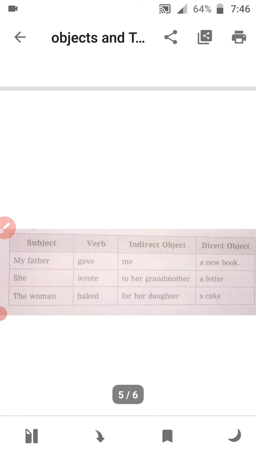She is the subject, wrote is the verb, to her grandmother is the indirect object, and a letter is the direct object. Another example, the woman baked for her daughter a cake. The woman is the subject, baked is the verb, for her daughter is the indirect object, and a cake is the direct object.